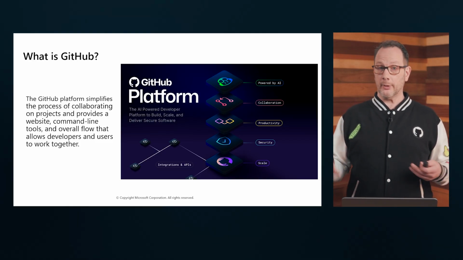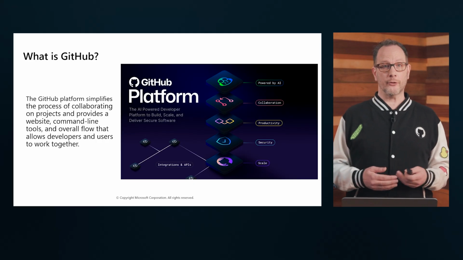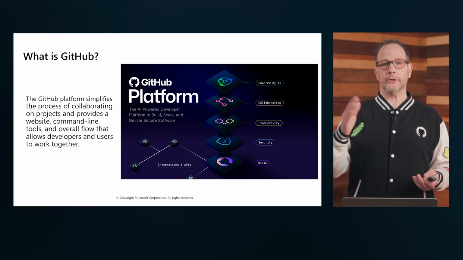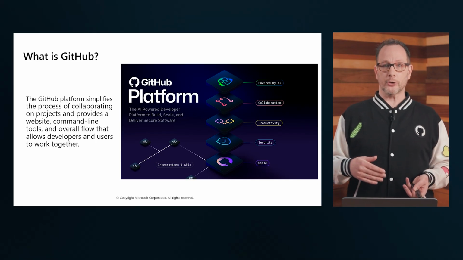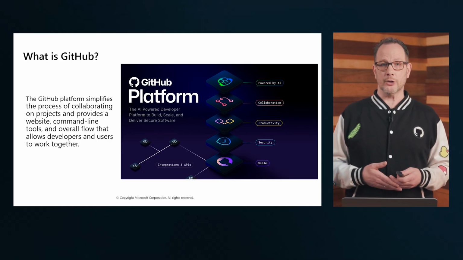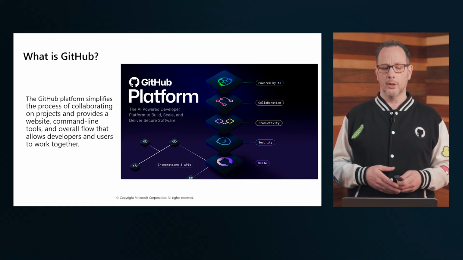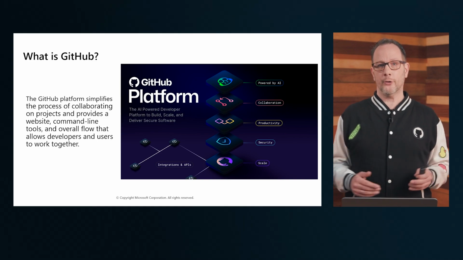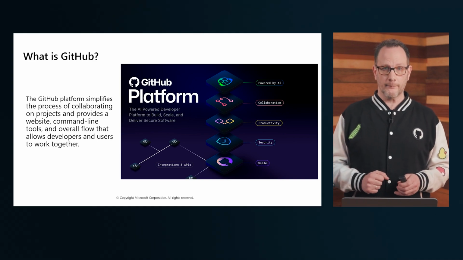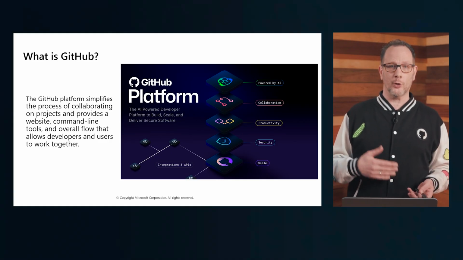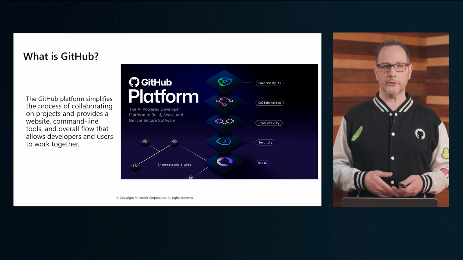GitHub takes those capabilities and layers on powerful collaboration tools. Things like pull requests, issues, discussions, automation workflows, built-in documentation, and even AI-powered features like GitHub Copilot. All of these tools work together to support you through the entire development lifecycle. Planning, writing code, reviewing work, securing your project, and deploying your solutions.